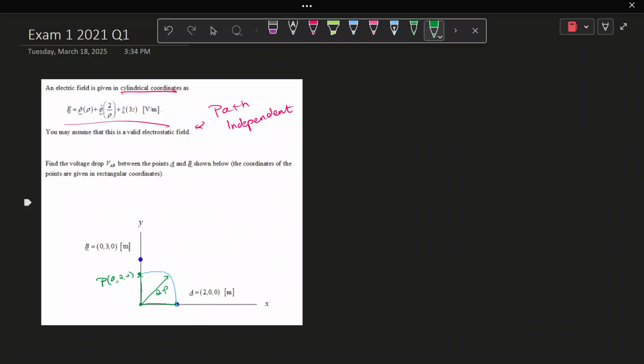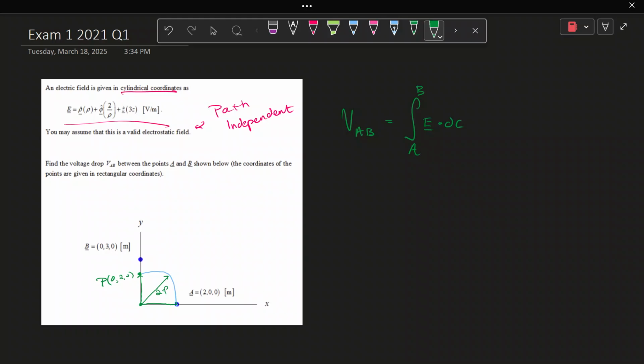Now, why are we trying to get stuff in terms of rho, or why are we trying to figure out what is changing with respect to? Well, this is important because our goal is to get the voltage drop between points A and B, and this is equal to the integration from A to B of E, the electric field, dotted with the dr differential.